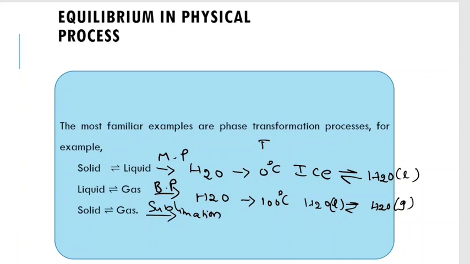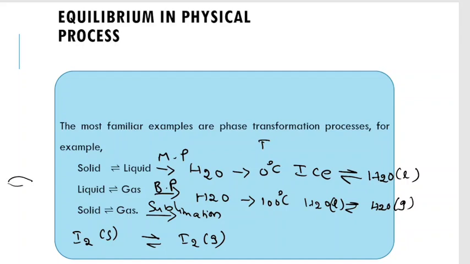Suppose we consider I2 in the solid form converting into I2 in the gaseous form. Now listen carefully. How does the equilibrium establish between solid I2 and gas I2? We will see now.